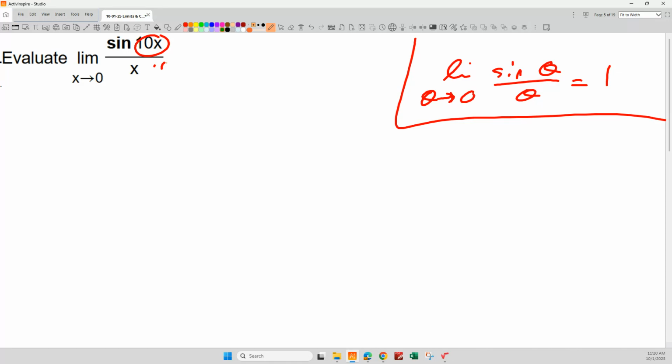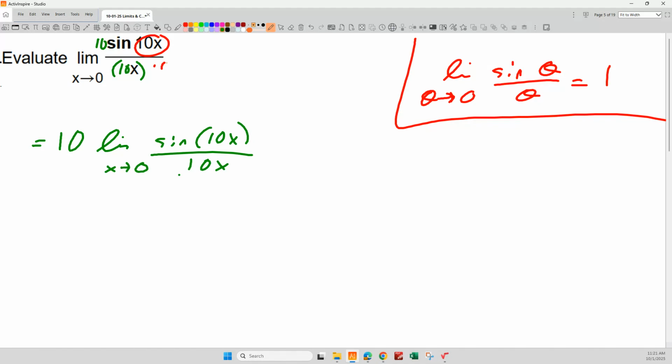So we get 10 there, 10 there. And then this is equal to the limit of, what can I do with that 10 on the top? I could just pull it out front, couldn't I? That's the easiest way to think about it. So I get 10 times the limit of sine 10x over 10x as what?